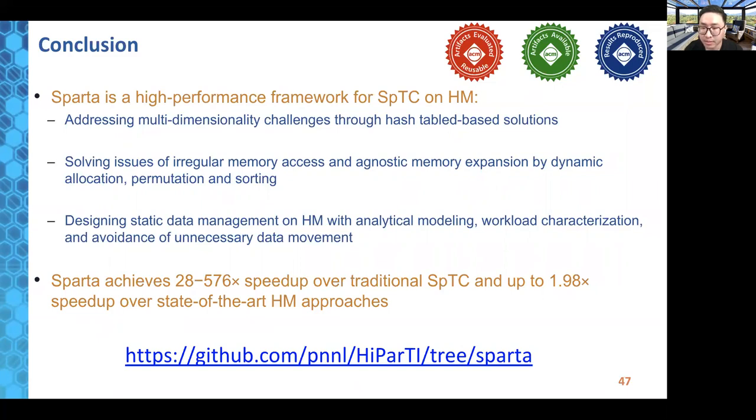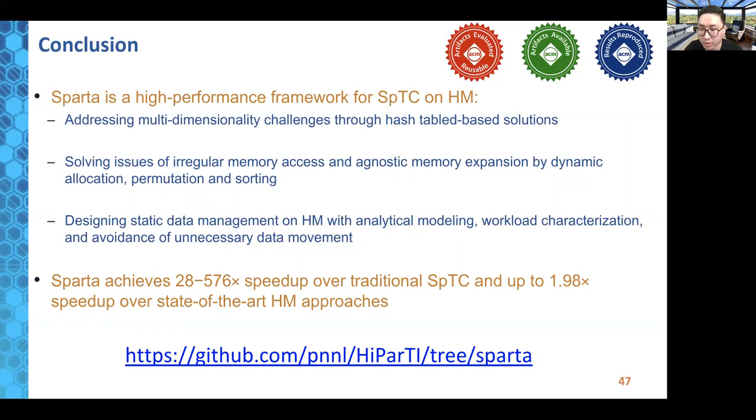It also addresses the unknown output tensor challenge and irregular memory access problem by customized dynamic allocation, permutation, and sorting. Finally, it employs static data placement combined with analytical modeling of memory consumption, workload characterization, and avoidance of unnecessary data movement to significantly boost the performance on heterogeneous memory.